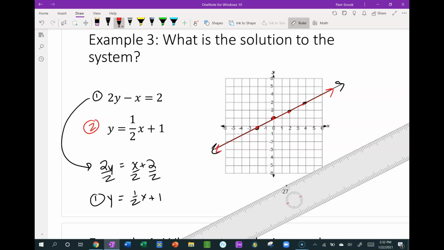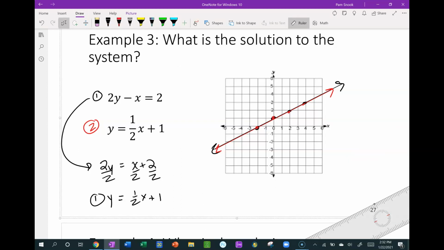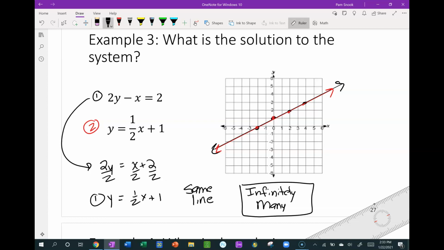Same line. So that means I don't have just one answer. So in a case like this, we have infinitely many solutions. So any point on that line would count as a solution to the system.